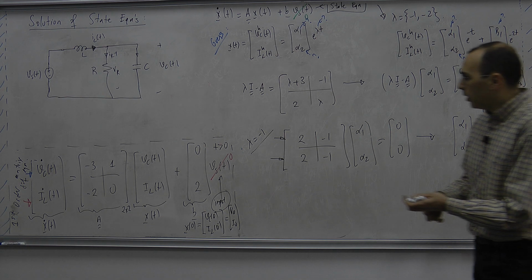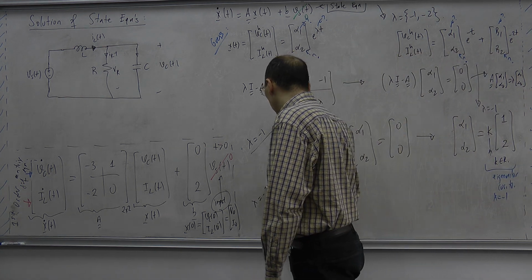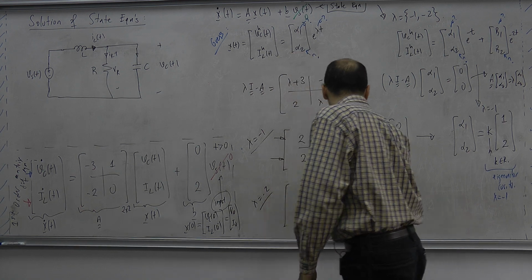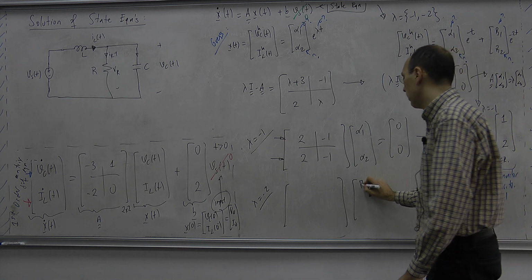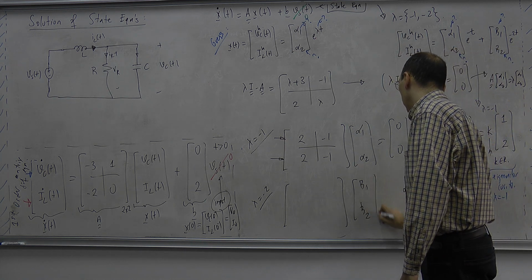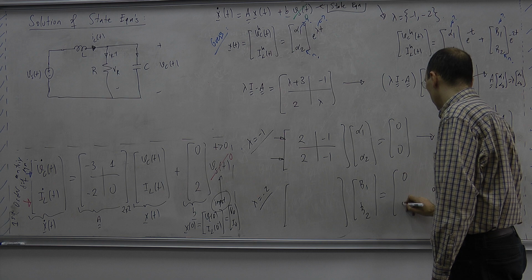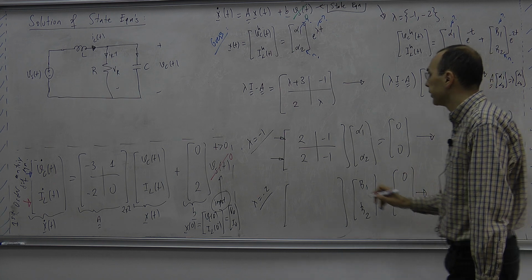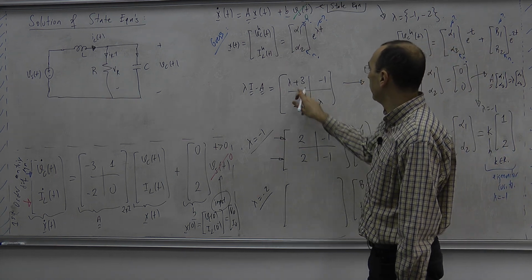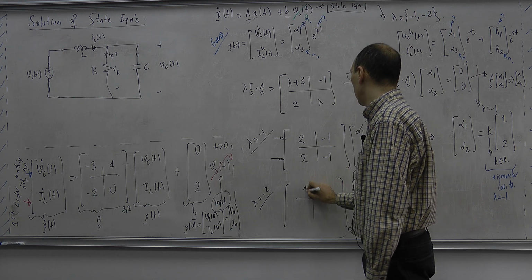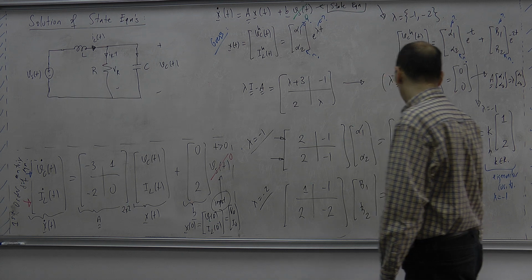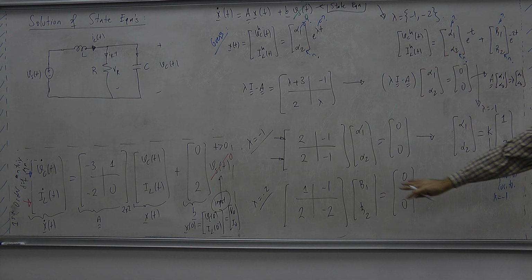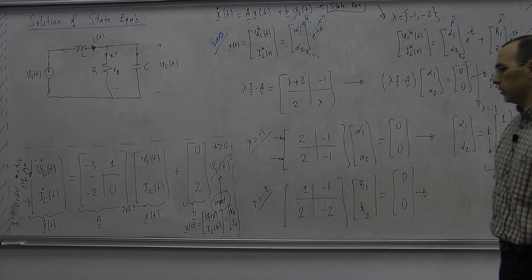Now let's find the other one. Lambda is equal to minus 2. We have called that solution the second eigenvector. Well, lambda is equal to minus 2, so we get 1, minus 1, 2, minus 2. Now we have again two equations, and the equations look different.